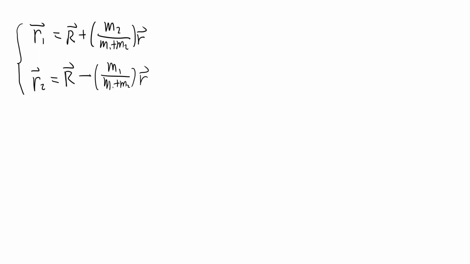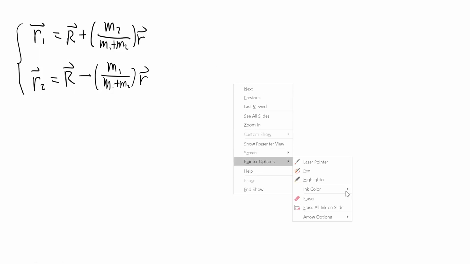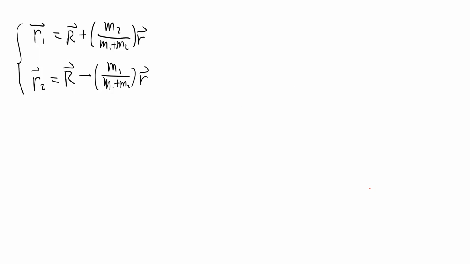And we can always choose our coordinate system such that the origin is sitting at the position of the center of mass. So R is 0, if you choose your coordinate system appropriately. That is to say, I can just cross this out.